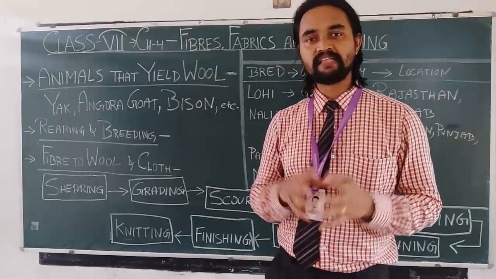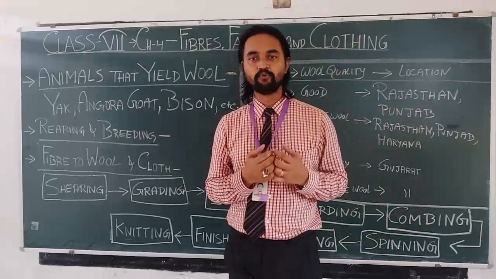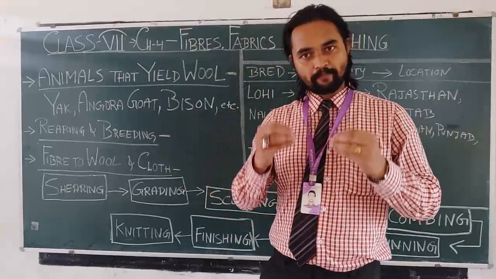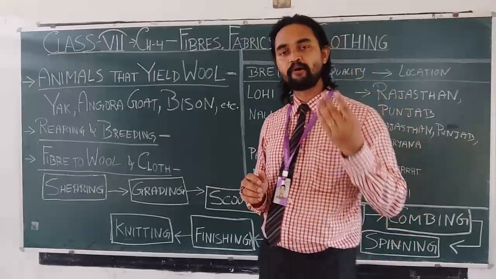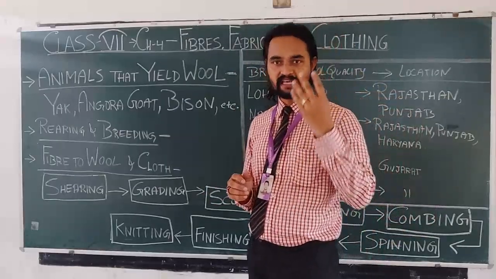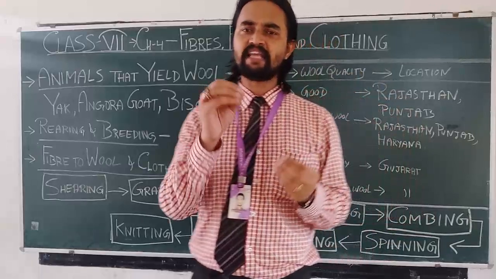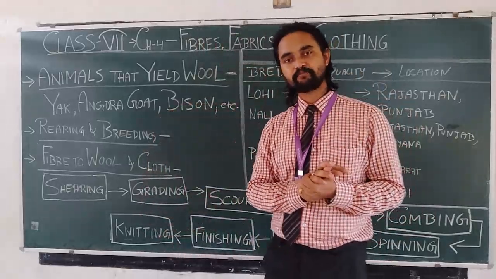That means the animals that provide us the wool, we have to take care of them. We have to take care about their food, their shelter, their health, their condition. Each and everything we have to take care of.